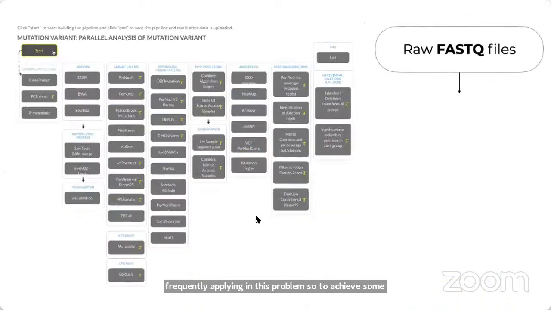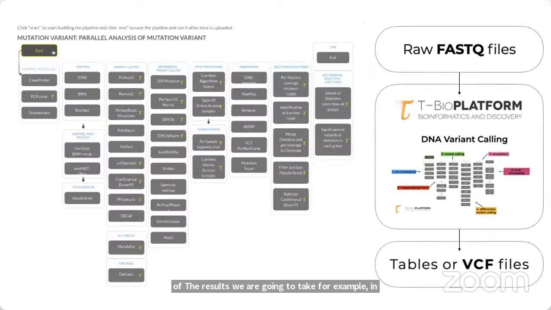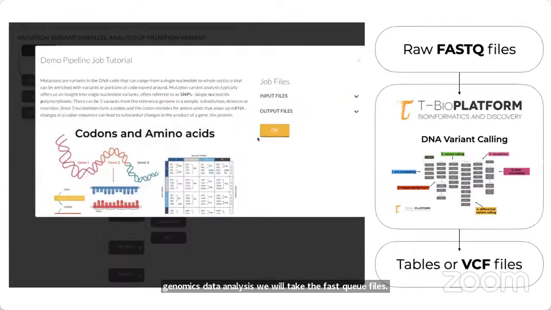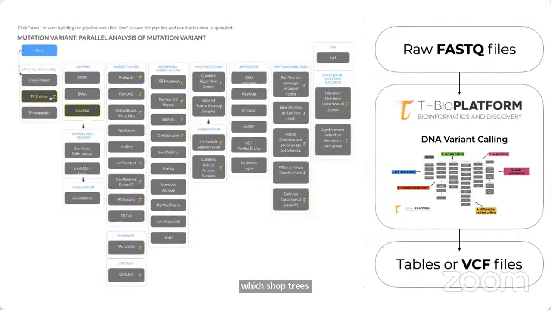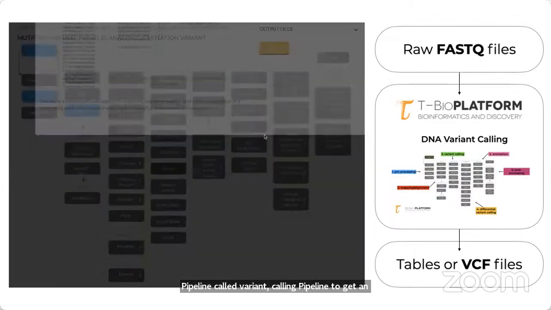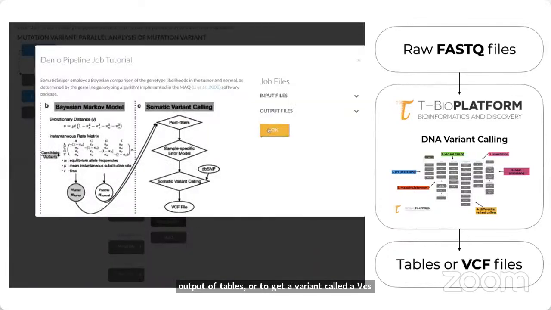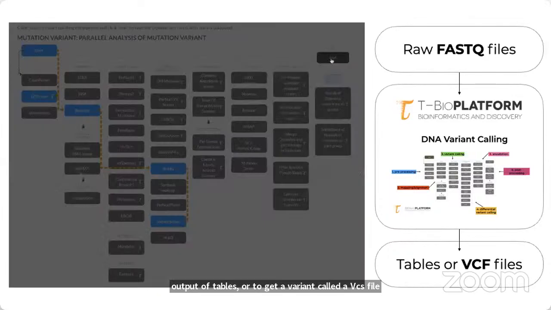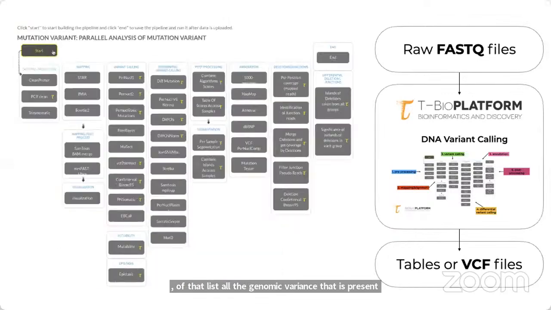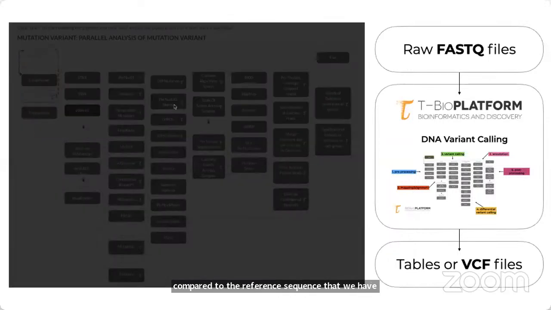So to achieve some of the results, for example, in genomics data analysis, we will take the FASTQ files with short reads and run an example pipeline called the variant calling pipeline, to get an output of tables, or a VCF file that lists all the genomic variants present in the sample that you have sequenced, compared to the reference sequence that is generally available at the repositories or the libraries.